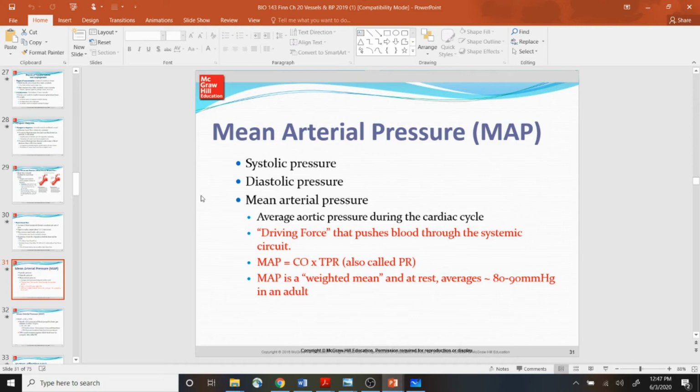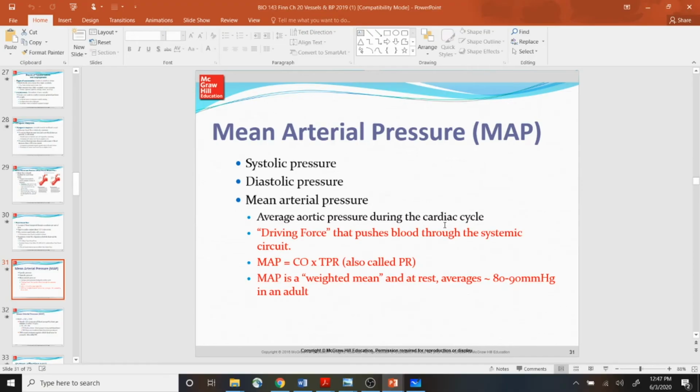All right, let's refresh a little bit and review. Remember, we looked at this equation: mean arterial pressure equals cardiac output times total peripheral resistance. We haven't talked about total peripheral resistance yet, but we're going to.